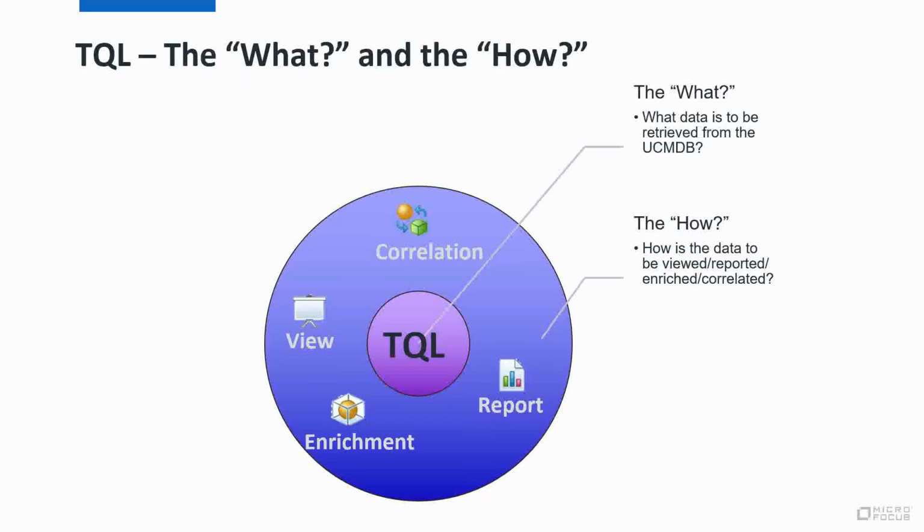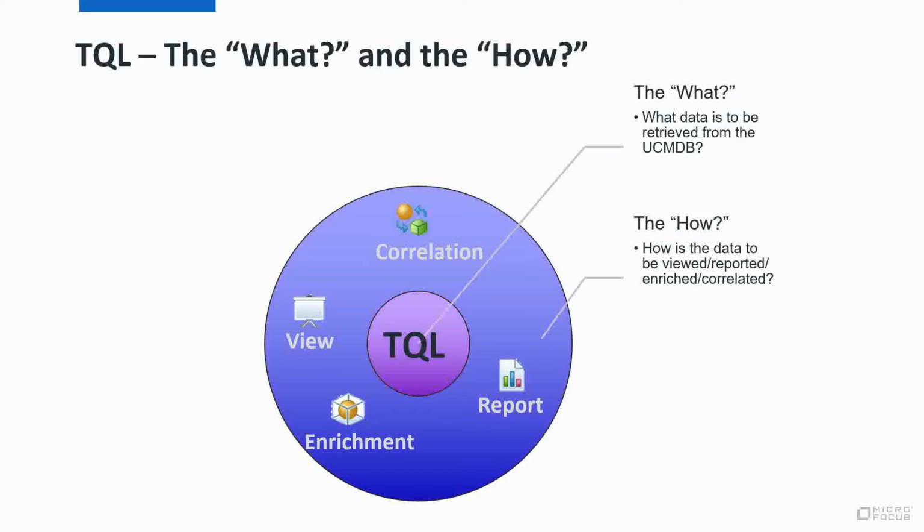For example, correlation rules or reports, enrichments, views, input TQLs, discovery TQLs, trigger TQLs, integration points, so all across the UCMDB system.